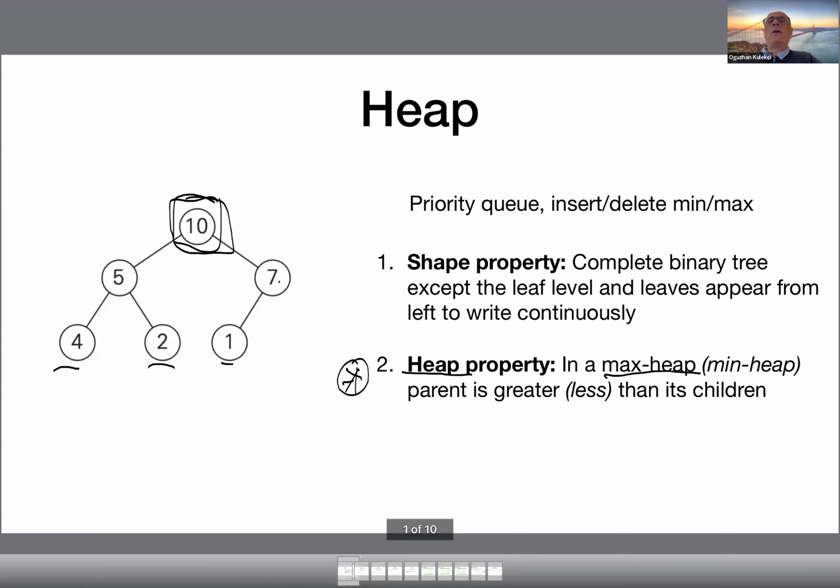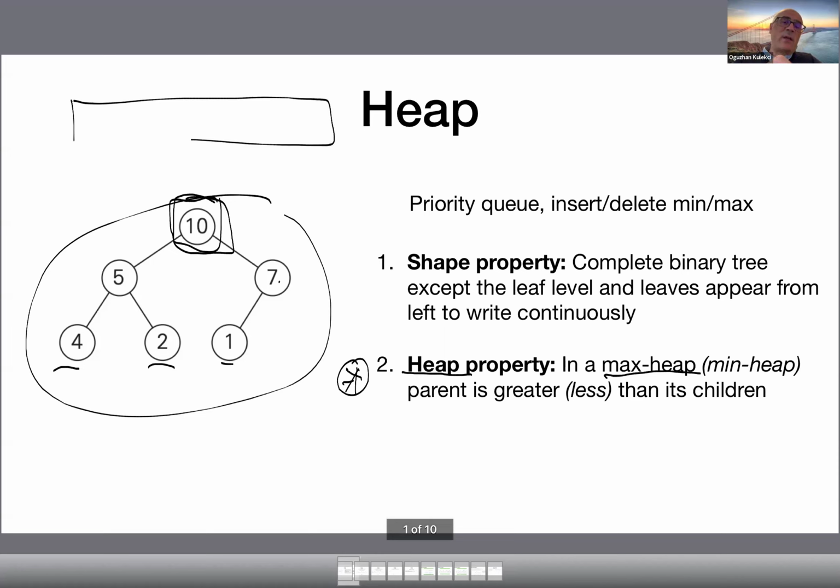Okay, if it is a min heap, then what will happen? Every node will be less than its children, and that will dictate that the minimum value should be at the root node. That is why, when you represent this heap with an array, you are sure that the minimum or maximum, according to your heap construction, is always at position 0.